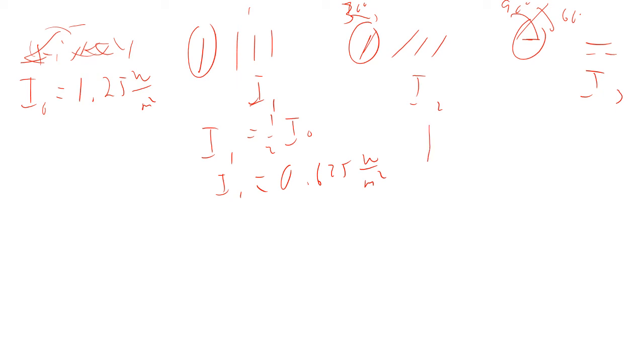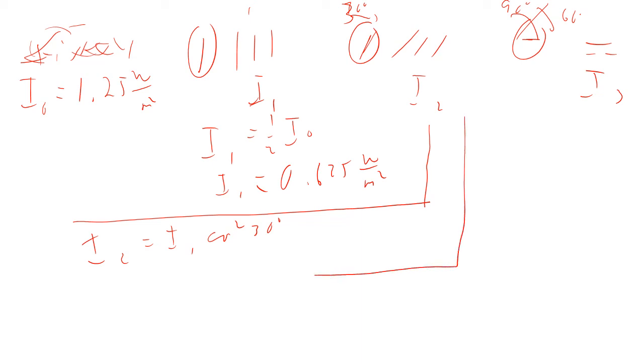Now the question is, what about I2? So we want to figure out I2 now. I2 is going to be I1 cosine squared of 30 degrees. Well, I1 is 0.625 watts per square meter, so all we have to do is multiply by the cosine of 30 degrees squared, and that comes out to be 0.469 watts per square meter.